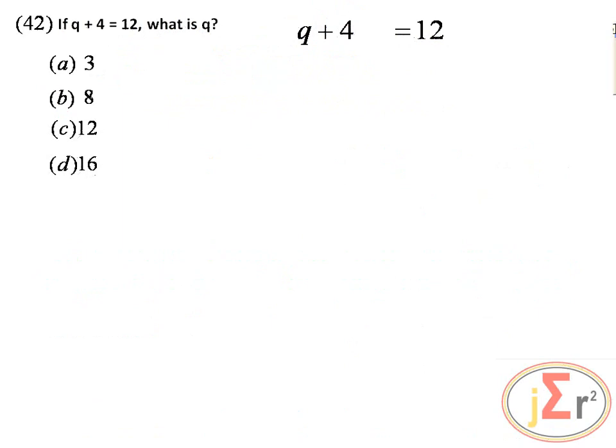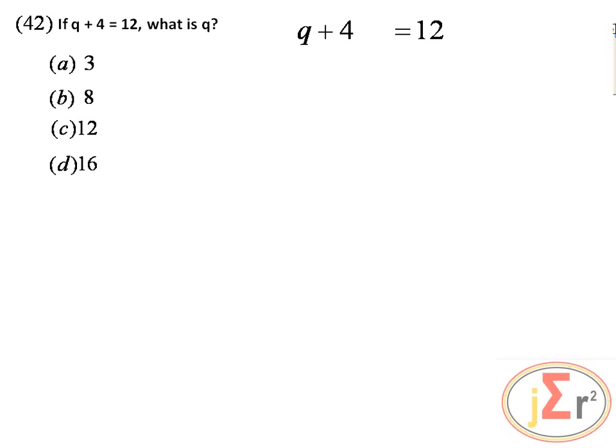Now, we have a different problem to solve, Jerry. If Q plus 4 is equal to 12, what is Q? Now, if we have a number, Jerry, and we add 4 to it, and the result is 12. Is that number greater than or less than 12?